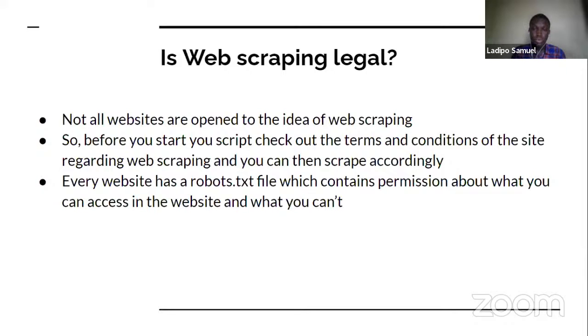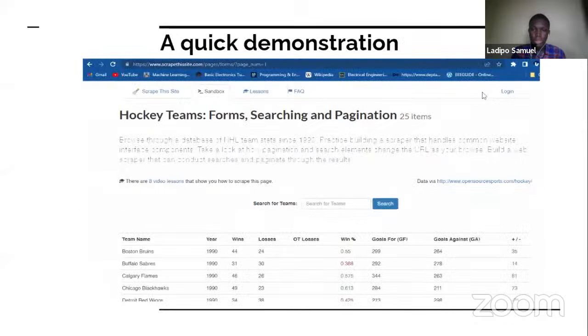So that is what you actually check if you want to know if you can scrape some particular things from a website. If you want to check the robots.txt file, all you have to do is get the URL of the site and put /robots.txt. It will give you information on what you are allowed to scrape and what you are not allowed to scrape. So we look at a quick demonstration.